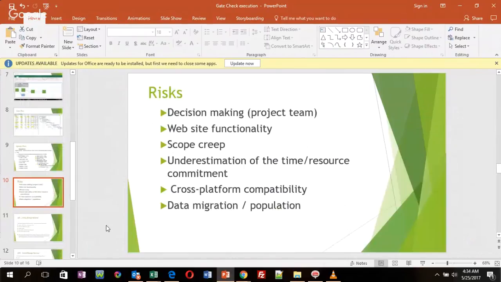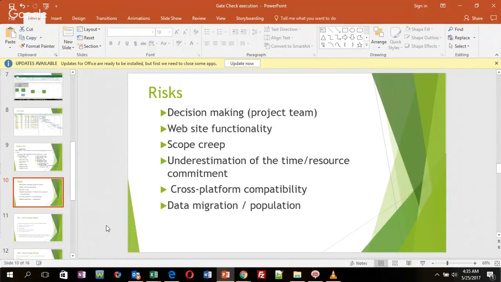Some of the risk that we took had to do with decision making. Each member was given a responsibility, and that was risky because each member had to deliver, and if they don't deliver, that meant that our project wouldn't have been completed.